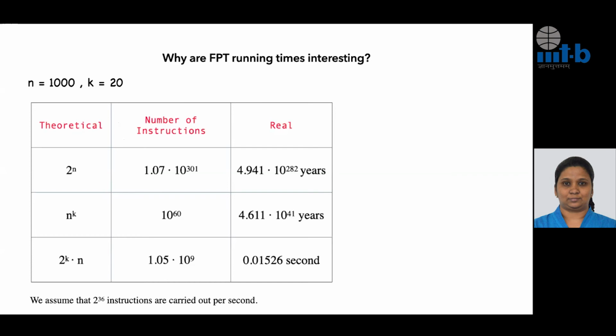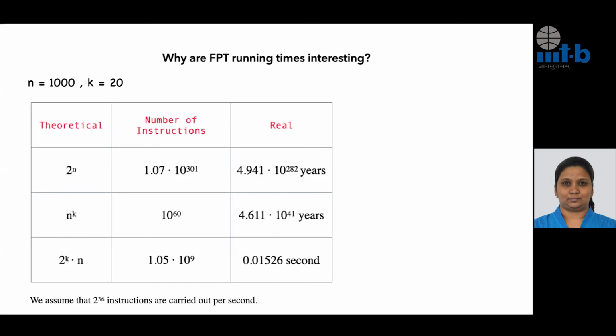So 2^n will translate to around 10^301 instructions. Assuming you are carrying out 2^36 instructions per second, this algorithm with this value of n and k will take 10^282 years to run. Similarly, the n^k algorithm will take 10^41 years to run.